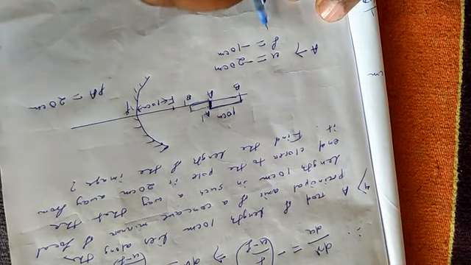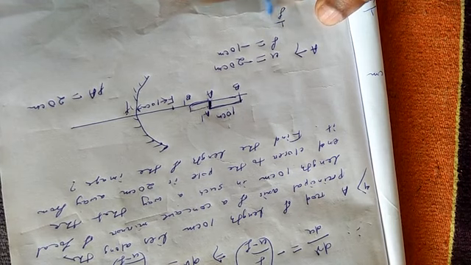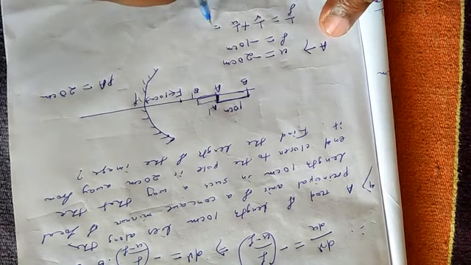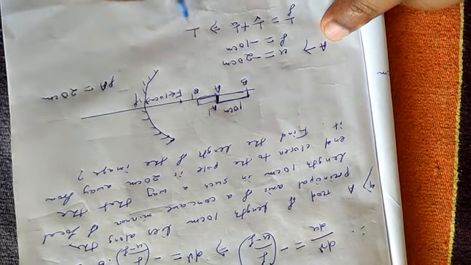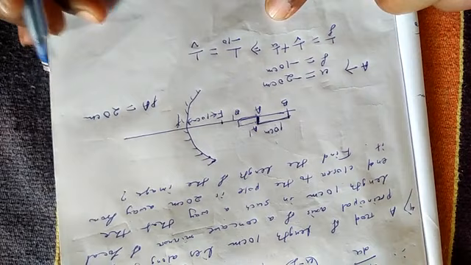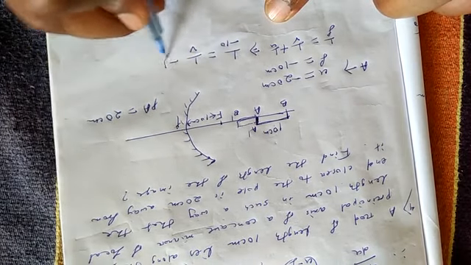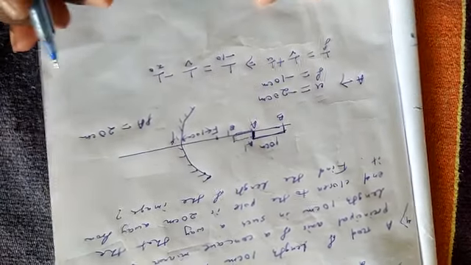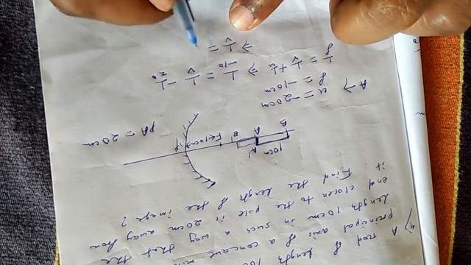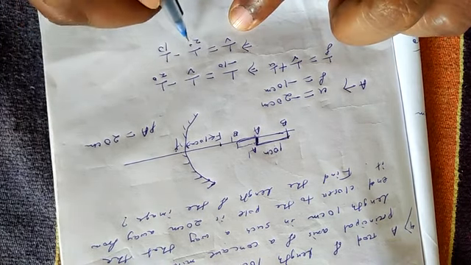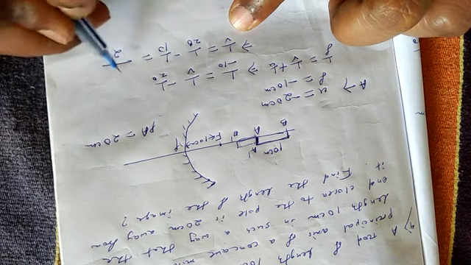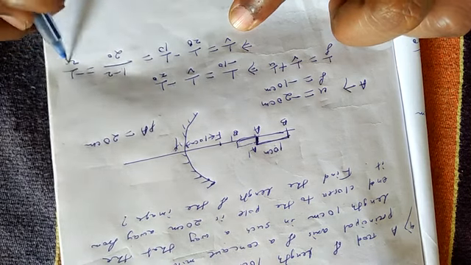So we can calculate V by applying the mirror formula. 1 by F is equal to 1 by V plus 1 by U implies 1 by minus 10 is equal to 1 by V minus 1 by 20, implies 1 by V is equal to 1 by 20 minus 1 by 10, which is equal to (1 minus 2) by 20, that is minus 1 by 20.